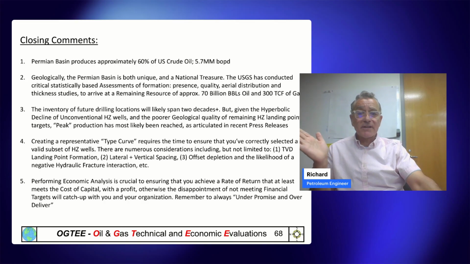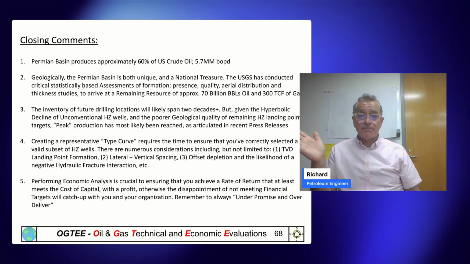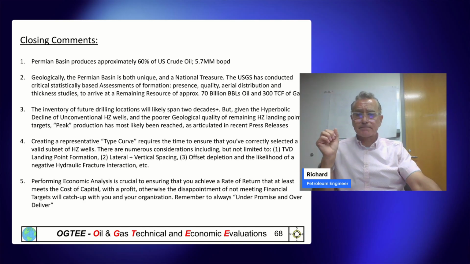The inventory of future drilling locations will likely span 2+ decades, but given the hyperbolic decline of unconventional horizontal wells and the poorer geological quality of the remaining horizontal landing point targets, peak oil production has most likely been reached, as has been articulated in recent press releases by several entities.